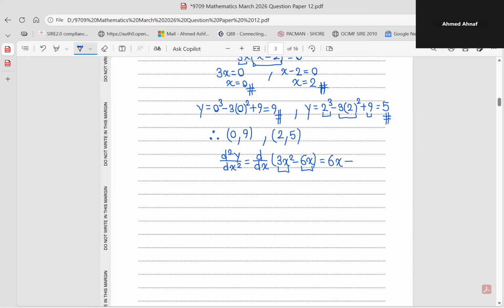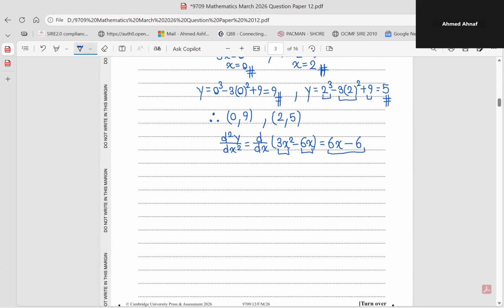You differentiate x by bringing the 1 to the front, so 6 times 1 is 6, and then you minus 1 from the power, so 1 minus 1 is 0. So you're just removing x when you differentiate a linear term like this. So this is our final expression for d squared y over dx squared.